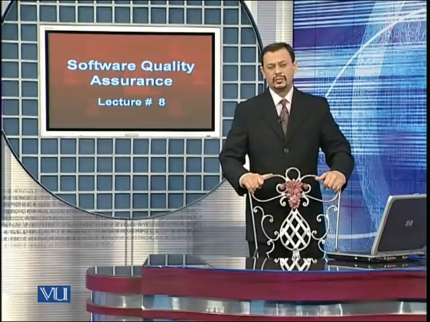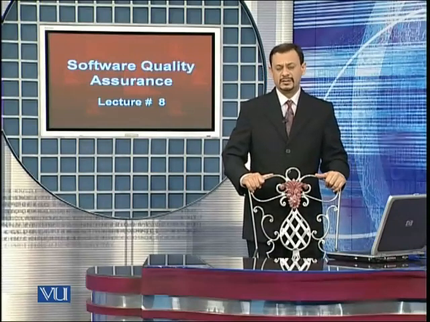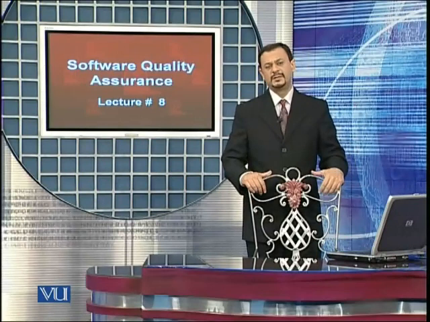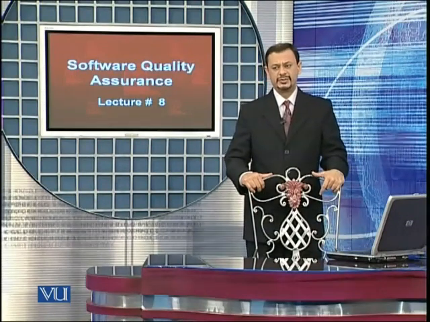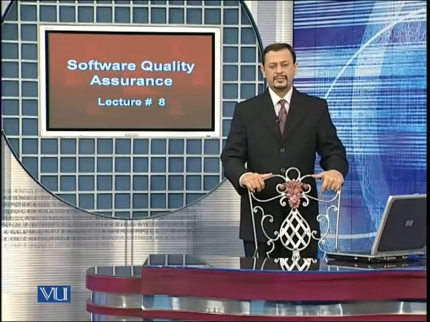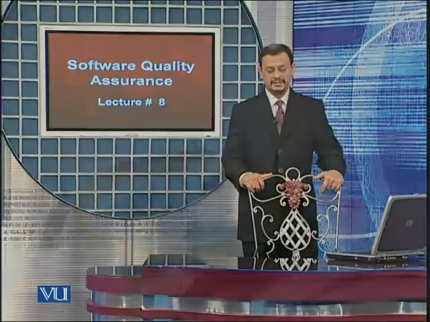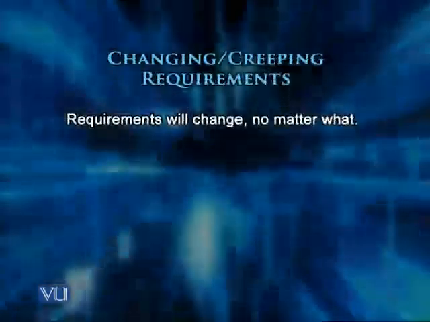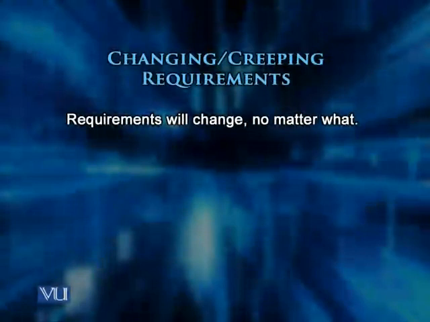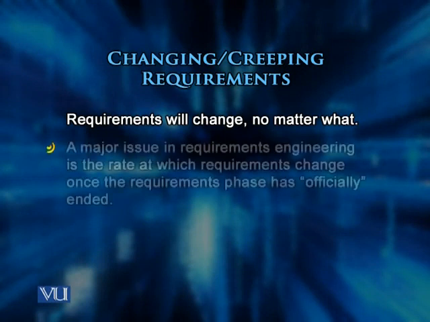And also during the application development, sometimes the priorities of the customers change, and sometimes the business areas change. So requirements will change no matter what. We have to be comfortable with that. We have to accept that.